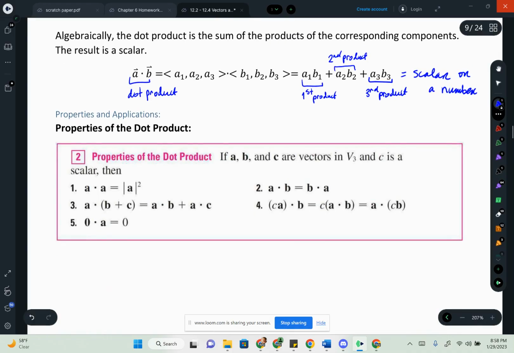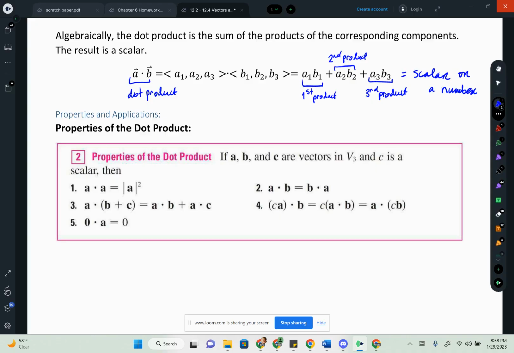A few properties of the dot product. Number one, if you take a vector A and you dot it with itself, that works out to being the square of the magnitude. Let's think about what the square of the magnitude is.